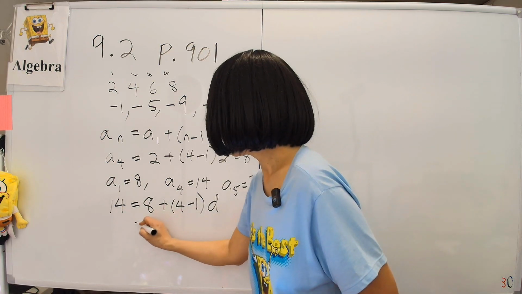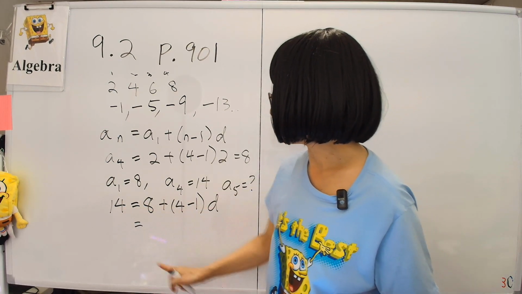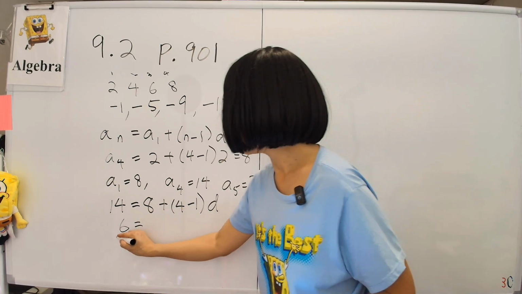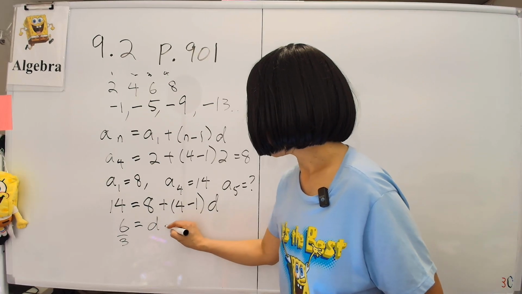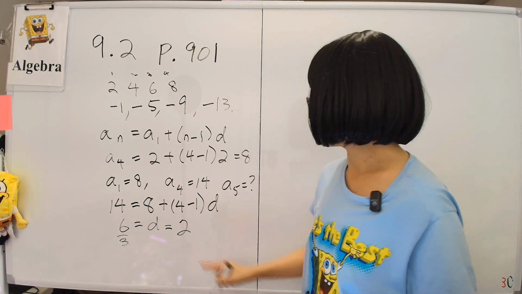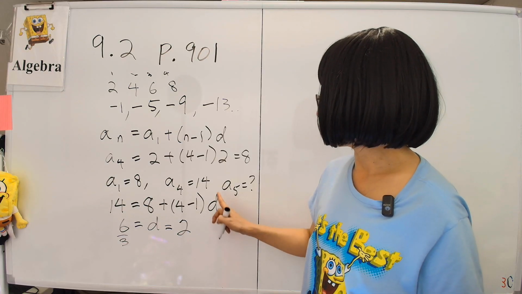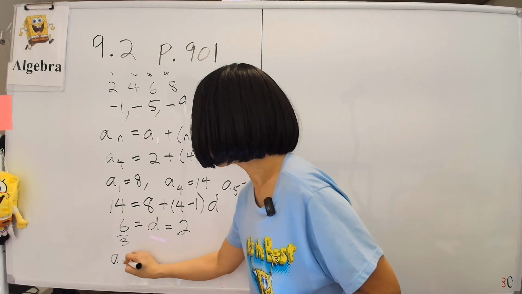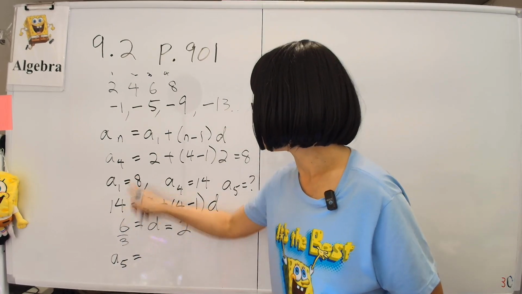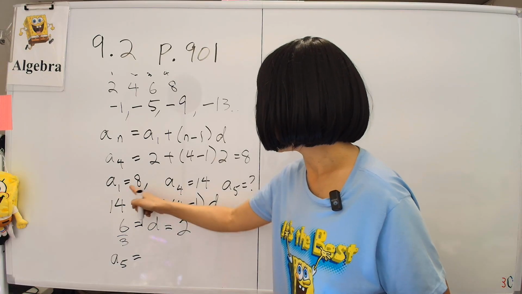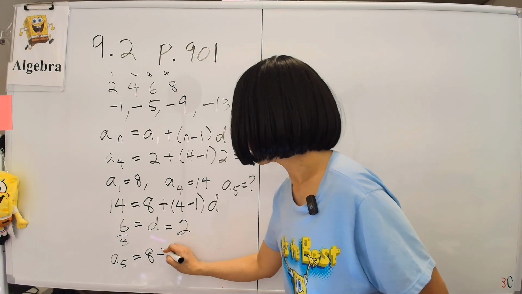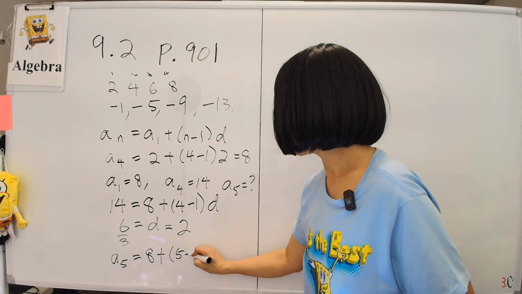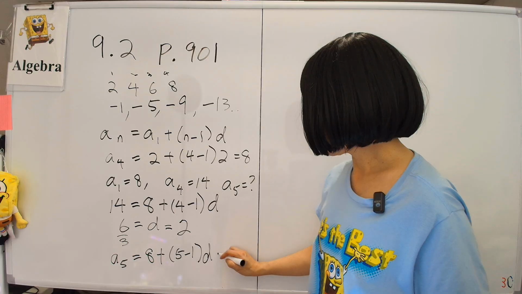So let's solve for d. Move the a over there. 14 minus 8, that's 6, divided by 4 minus 1, which is 3. That should be equal to d, and that is 2. So the difference is 2, which means that now we need a5. Following the formula right here, a5, in which case n equals 5, equals a1, which is still 8, plus 5 minus 1 times d.